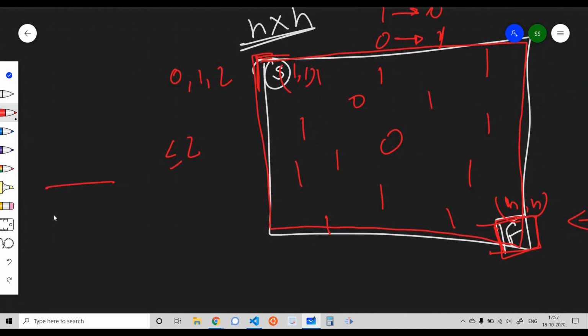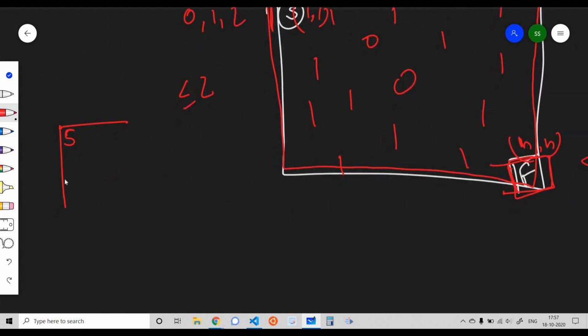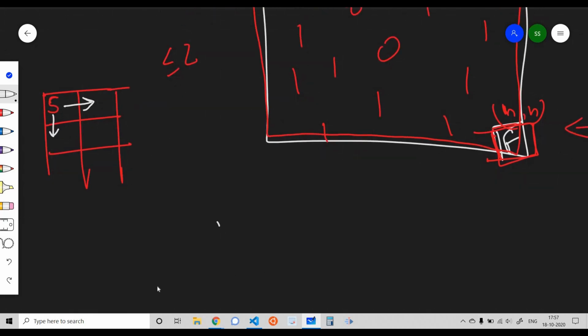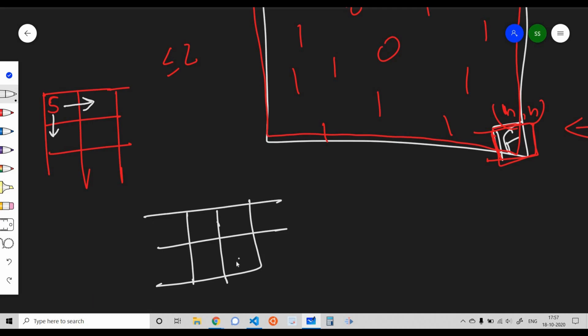Now let's talk about the first state, the top left corner where Roger would be starting. From this particular cell he can only move in 2 directions: either he can go right or he can go down. Similarly, let's talk about the bottom right cell, which Roger wants to reach.